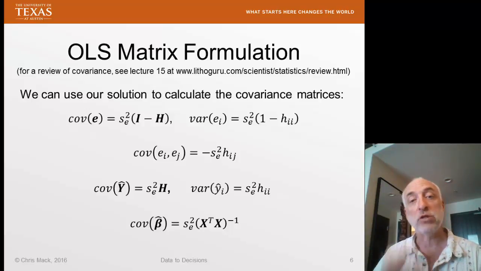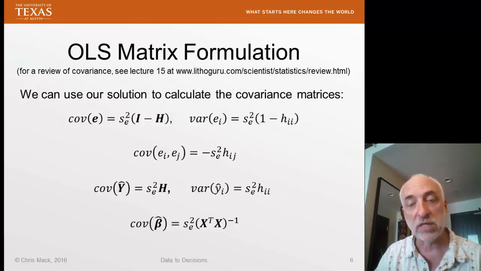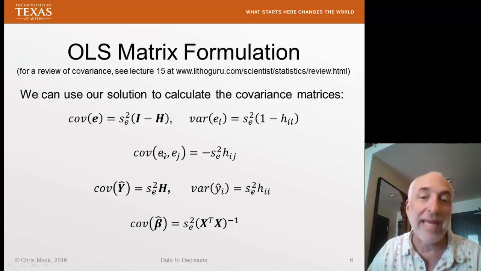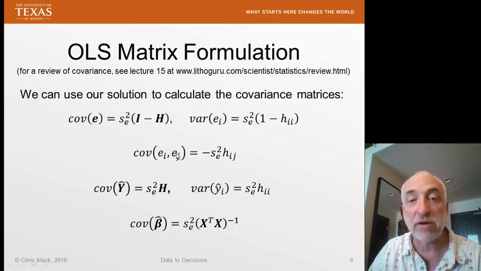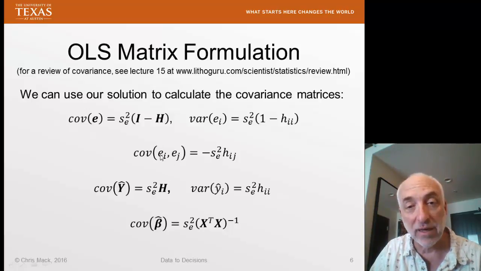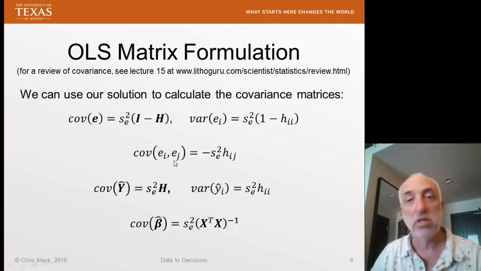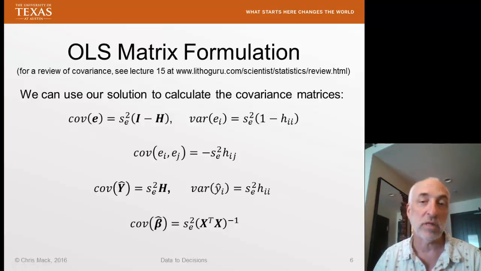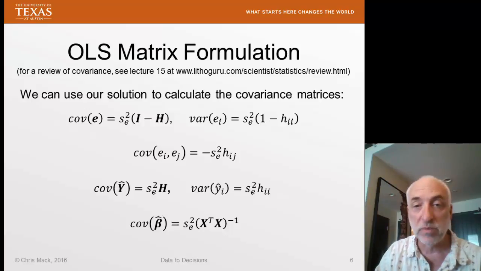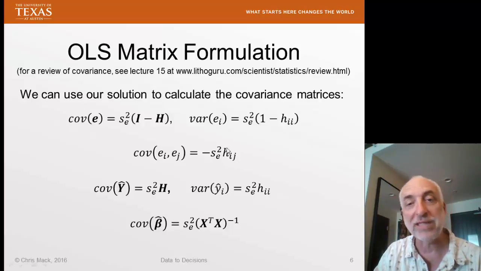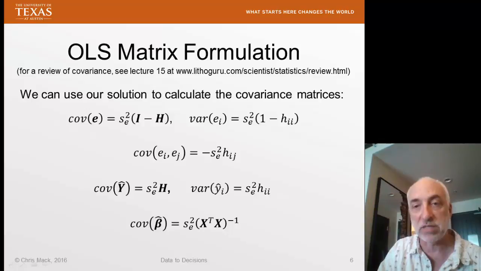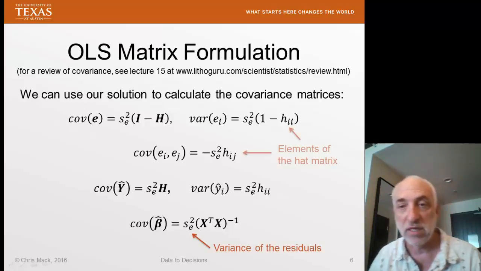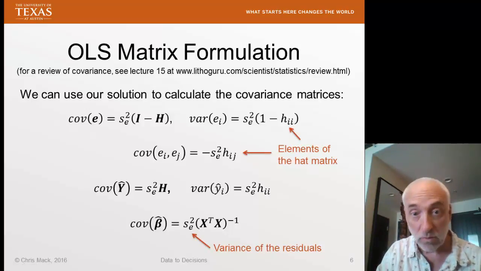But once we do a regression, because of the constraints on our regression, we end up adding covariance to the residuals, so that the estimate of our residuals for this particular data set will not be independent of each other. How much will they be dependent on each other? That depends on the off-diagonal elements of the hat matrix.